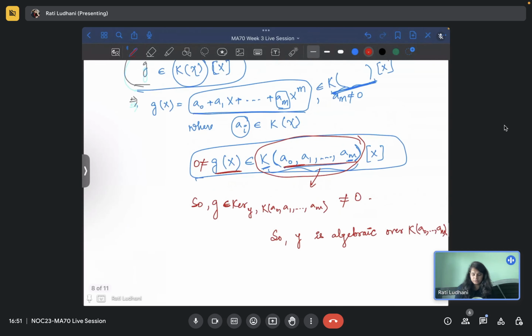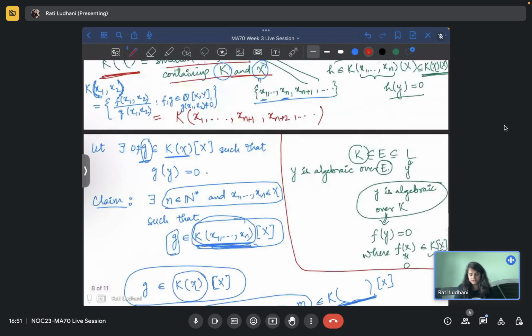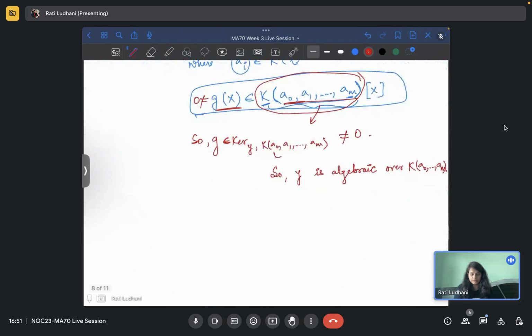Okay, so we assume that g is algebraic over K(χ), and we prove that there exists some finite number of elements such that, in this new field, g is algebraic over this new field.